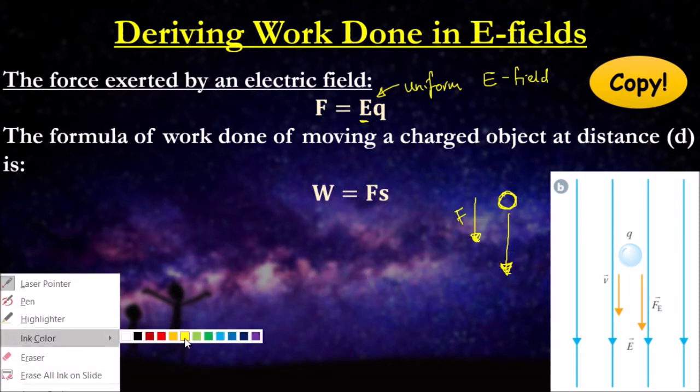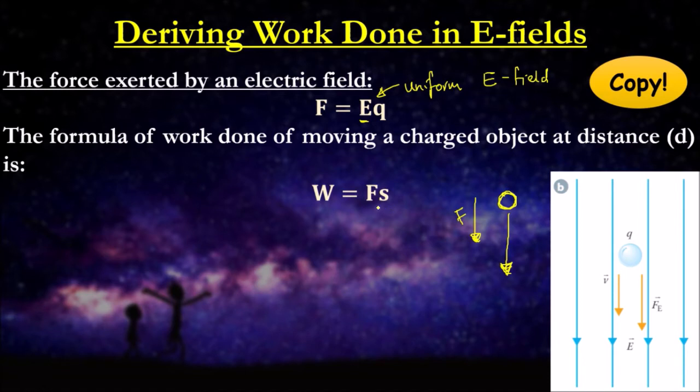So if we substitute the formula that we have here with this formula we have down here, it becomes EQS, S being the distance of motion from one position to another. Now, in the formula sheet, it's usually represented as EQD, D meaning the same thing as S.